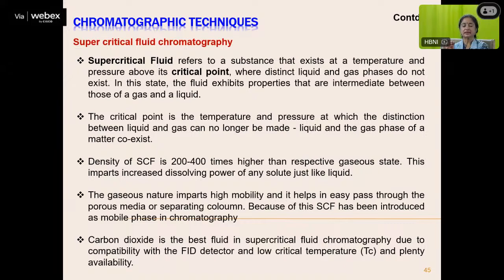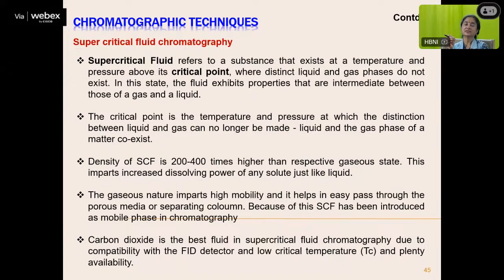The gaseous nature imparts high mobility, helping easy passage through porous media or the separating column. Because of this, supercritical fluid has been introduced as a mobile phase in chromatography.